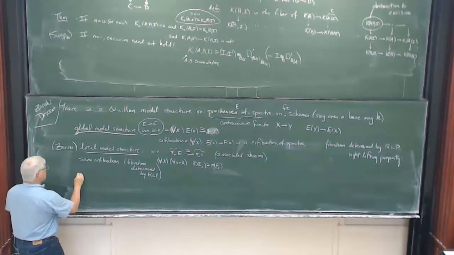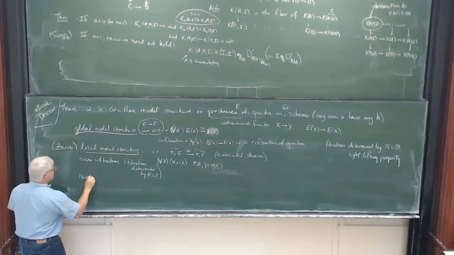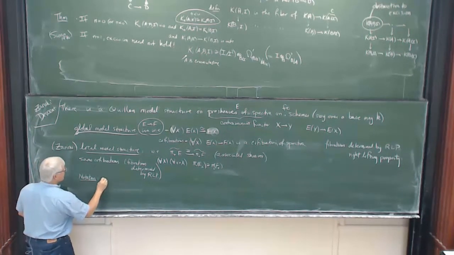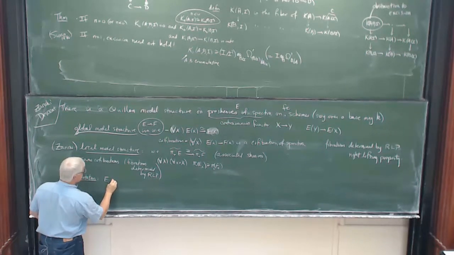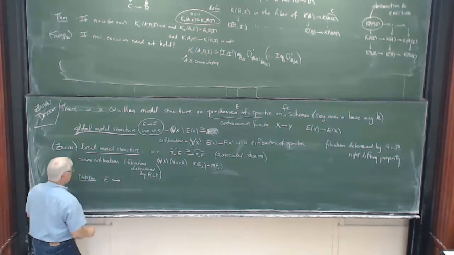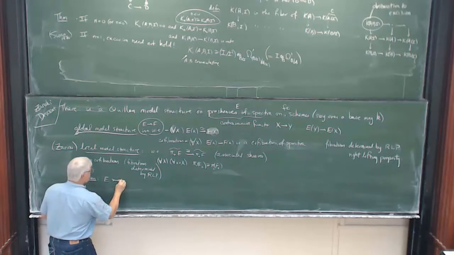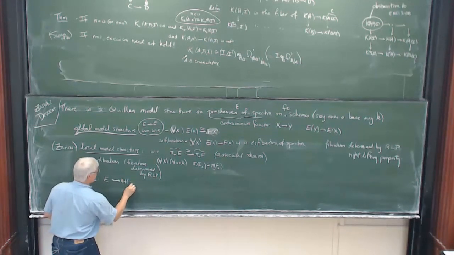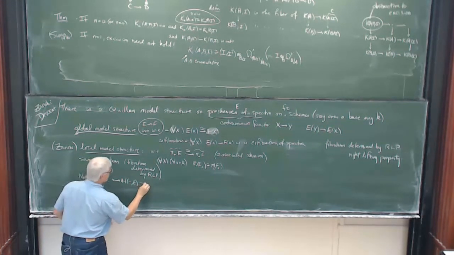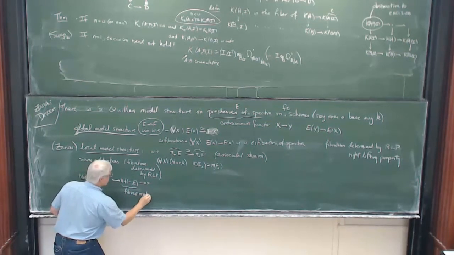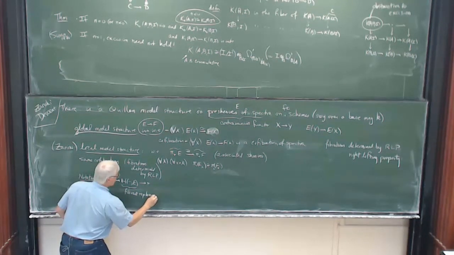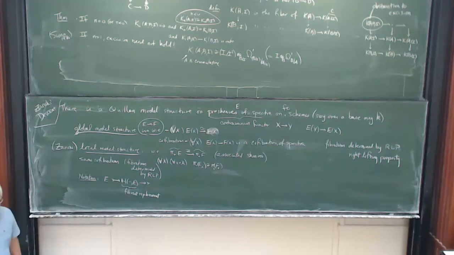So here's some notation. So this is the fibrant replacement in this model structure category. So that's a blackboard bold H.